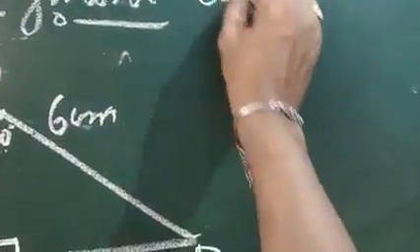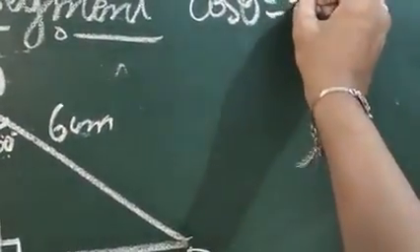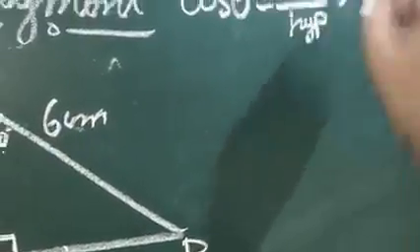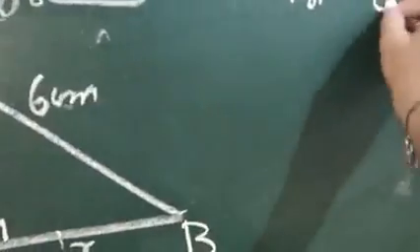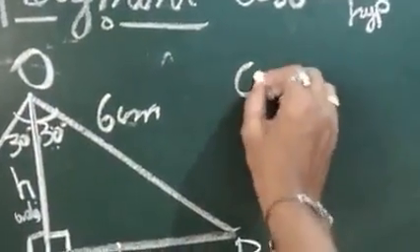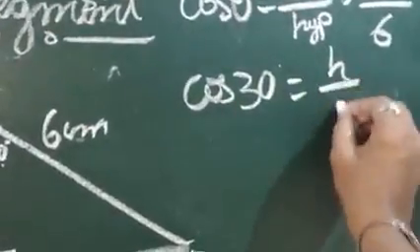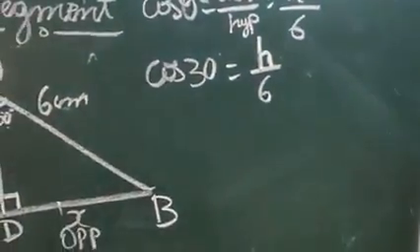Look here, cos theta is equal to adjacent by hypotenuse. Adjacent is here h, hypotenuse is 6, theta value is 30. Cos 30 is equal to h by 6.